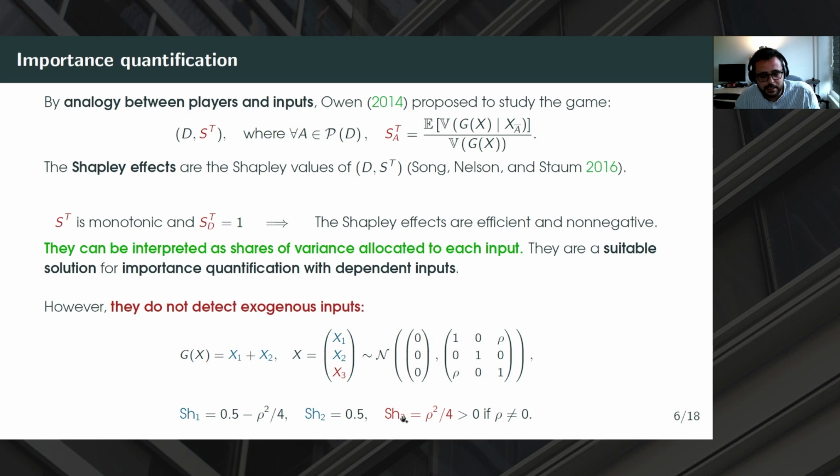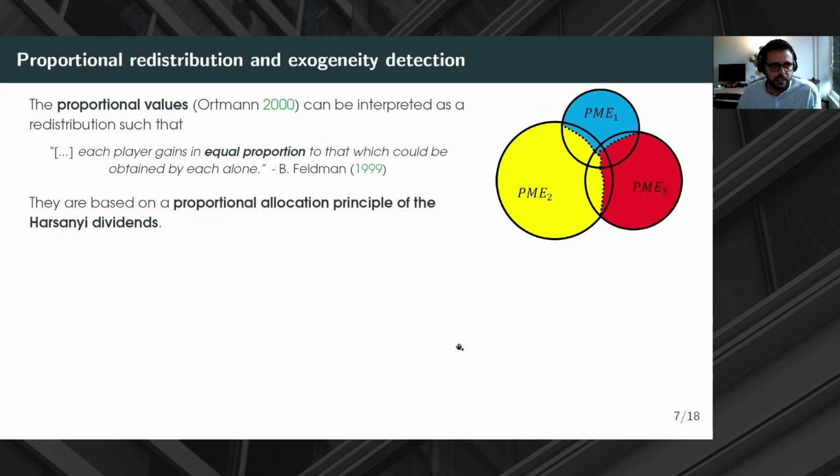Then we can see that if rho is different than 0, the Shapley effect allocated to x3 is actually strictly greater than 0. And this can be a problem if you want to spot exogenous inputs in a correlated setting.